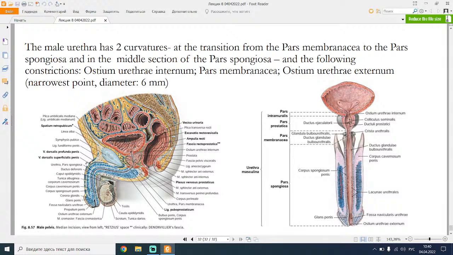And the following constrictions: ostium urethrae internum, pars membranacea, and ostium urethrae externum. Narrowest point, diameter 6 mm. Two curvatures, 1 and 2.